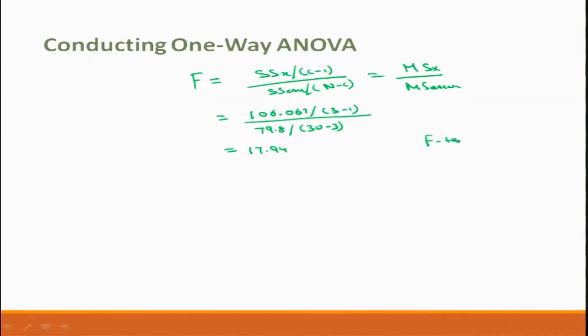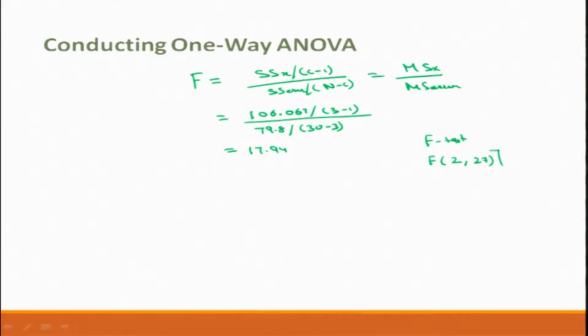We have the F test using the F distribution. What is the degrees of freedom for the numerator here? 3 minus 1, that is 2, and degrees of freedom for the denominator is 30 minus 3, that is 27.